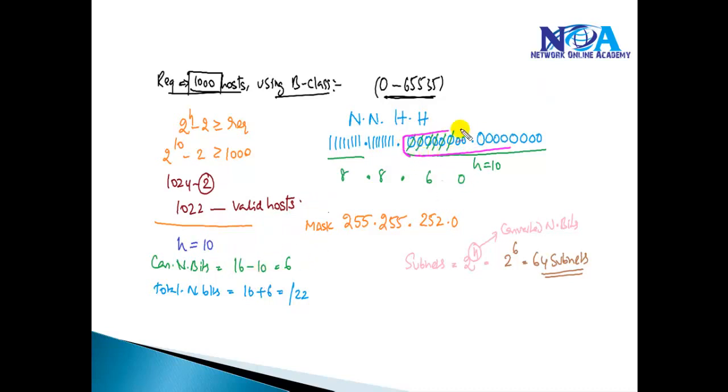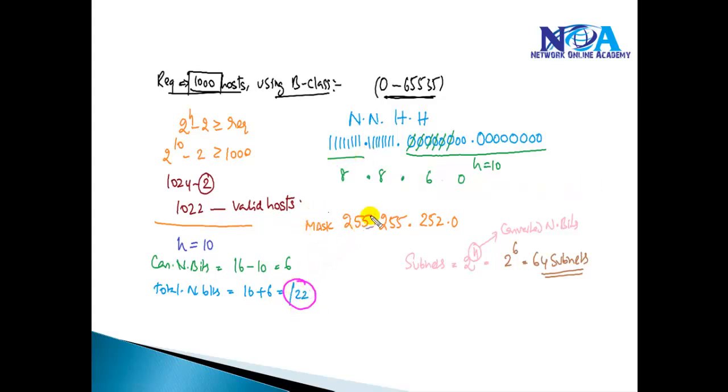Total there are 16 bits; from 16 we are subtracting 10 and converting 6. By default there are 16 network bits plus 6 more added, so the 16 changes to 22. So now there are 22 network bits and 10 host bits, and that is what we call the slash value.